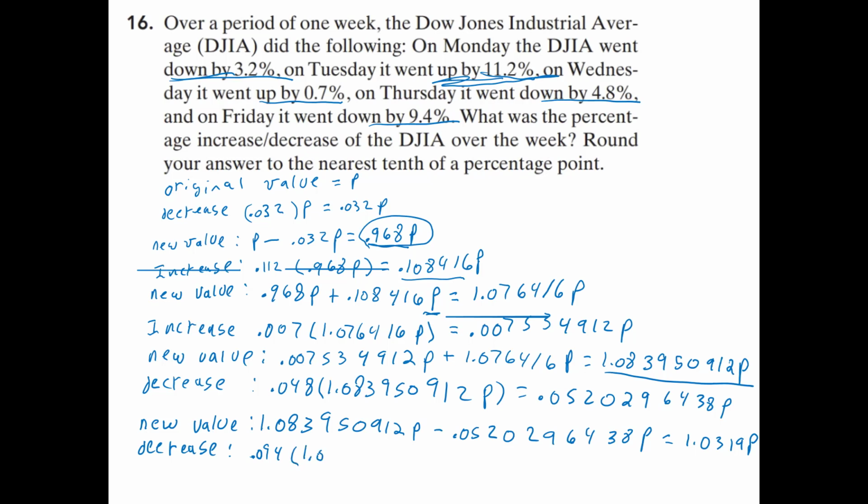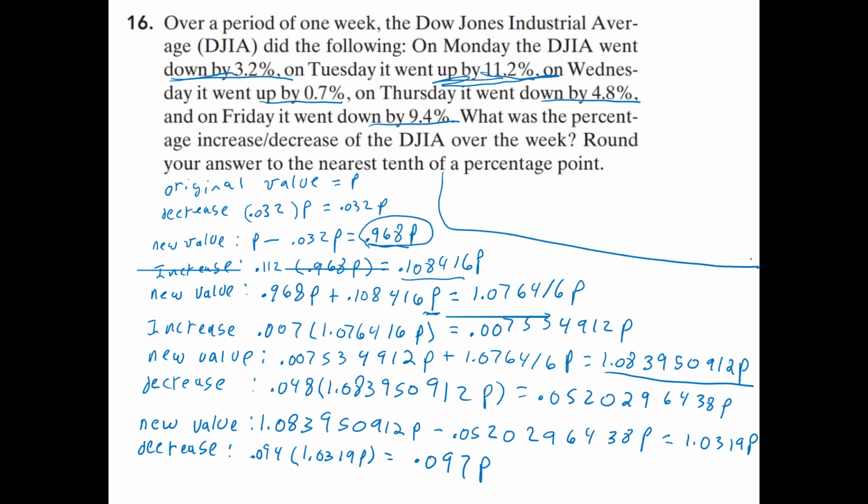But our previous amount was 1.0319P. So 0.094 times 1.0319, going to 4 decimal places, is 0.097P.